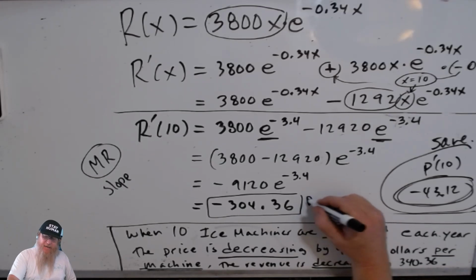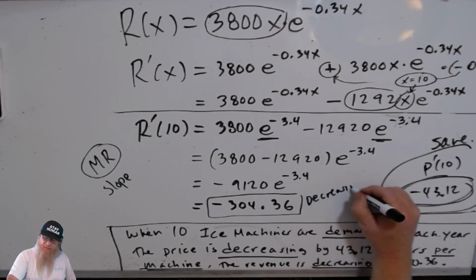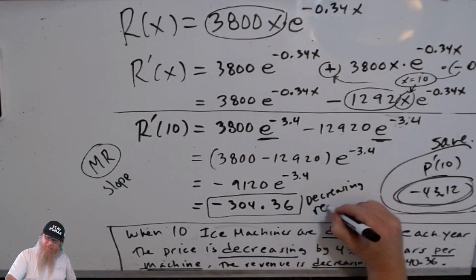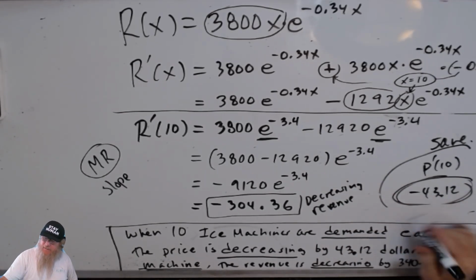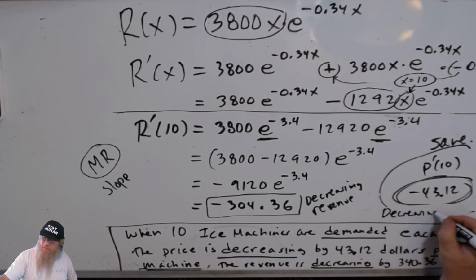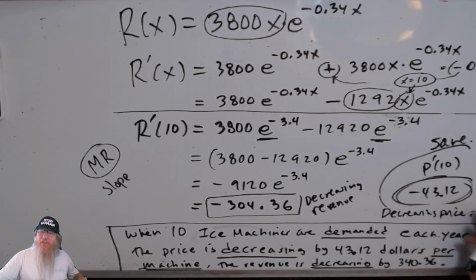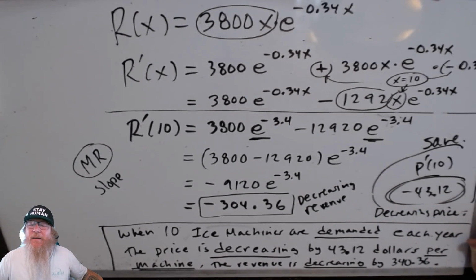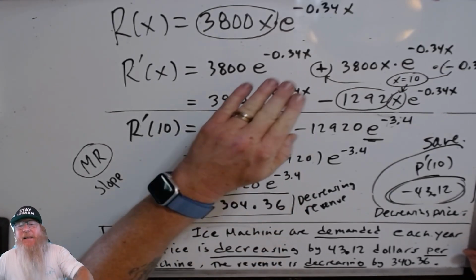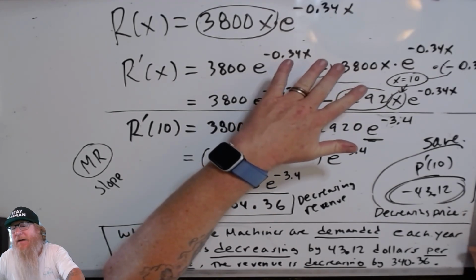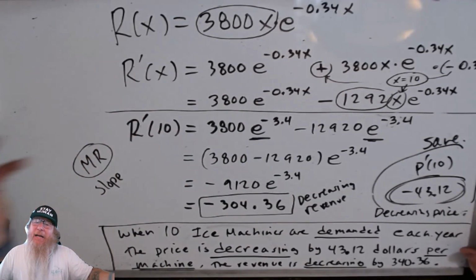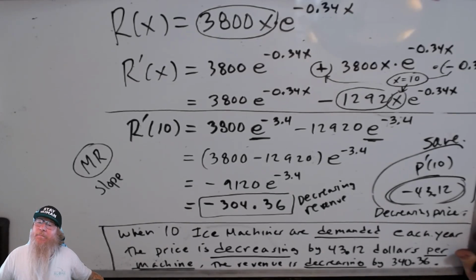So again, this is decreasing revenue and decreasing price. Which, I mean, that should make intuitive sense, right? If the price that you're selling them for is decreasing over time, well, then the amount of money you're bringing in is going to decrease as well.